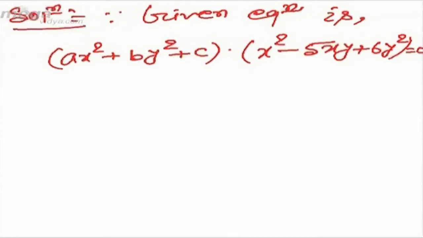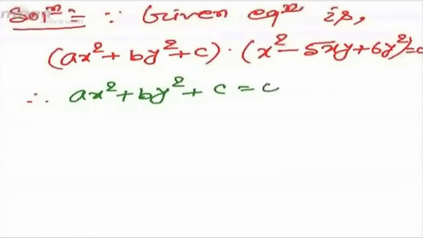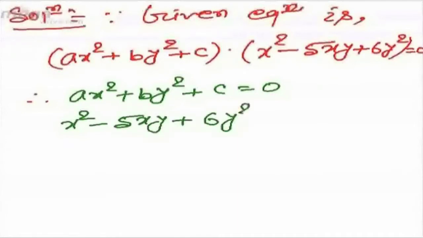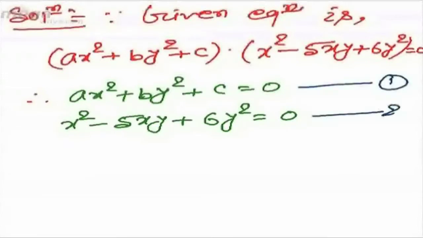Because the product of two factors is equal to 0, you can write ax square plus by square plus c is equal to 0 and x square minus 5xy plus 6y square is equal to 0. These are two curves. This is suppose 1 and this is suppose 2.